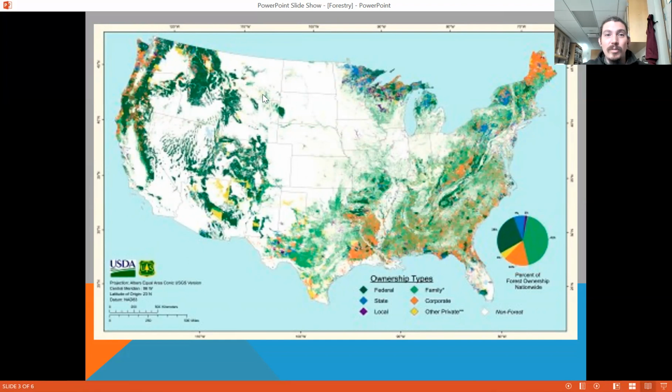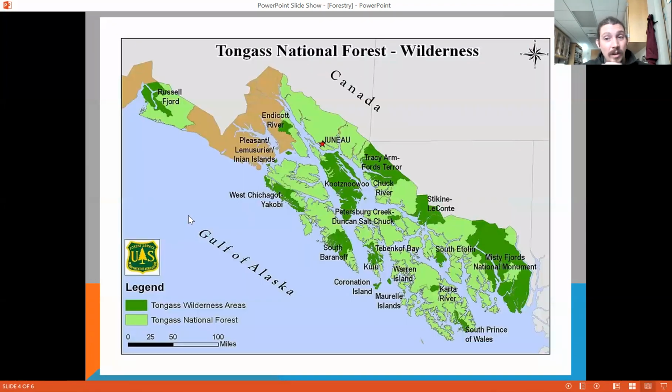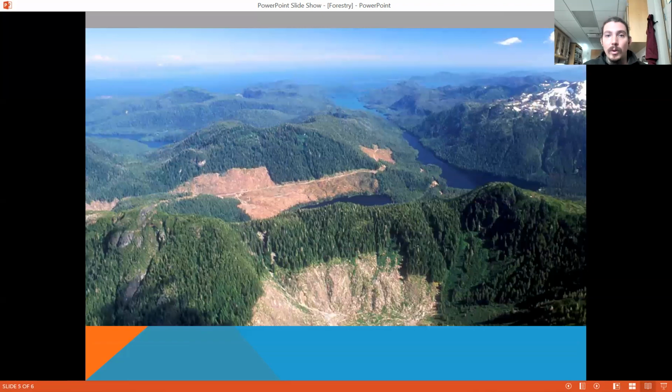Most of the intact primary forest is in the West, but actually the number one place you'd find a lot of intact primary forest is Alaska. And if you ever get a question about where there's the most forest, it's going to be Alaska. You're going to study in your case study the Tongass National Forest. You're going to specifically study Prince of Wales Island in the far south of the Tongass National Forest.